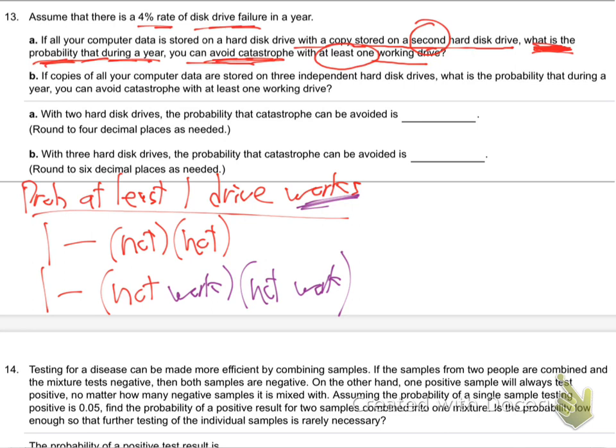So you always just take whatever they're asking about and you put the not and the not for that, right? Because they're saying they want at least one drive to work. Well, the opposite of that is that none of the drives work. So it's 1 minus, and what's the chance a drive will not work? That's the 4%. That's the rate of failure.